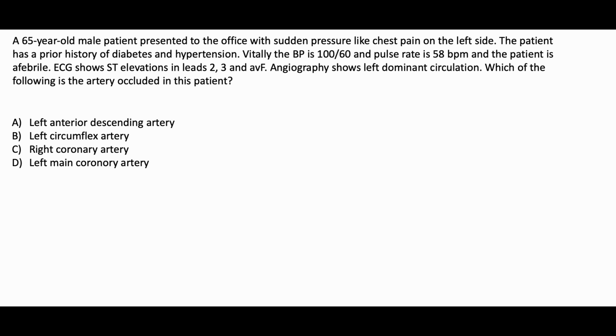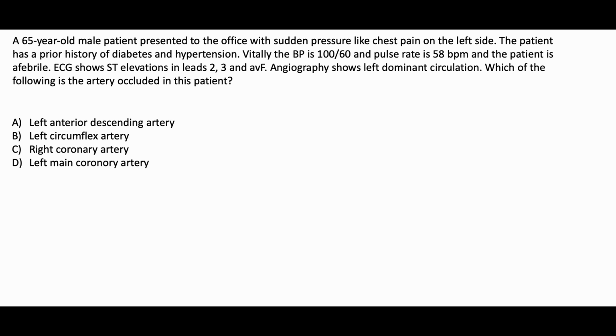Remember, this is a very high yield question, especially for your Step 1, because Step 1 is going to ask a lot about the arteries and the anatomy. They're going to say, okay, we have this presentation and ST elevation in these leads, which artery is involved?